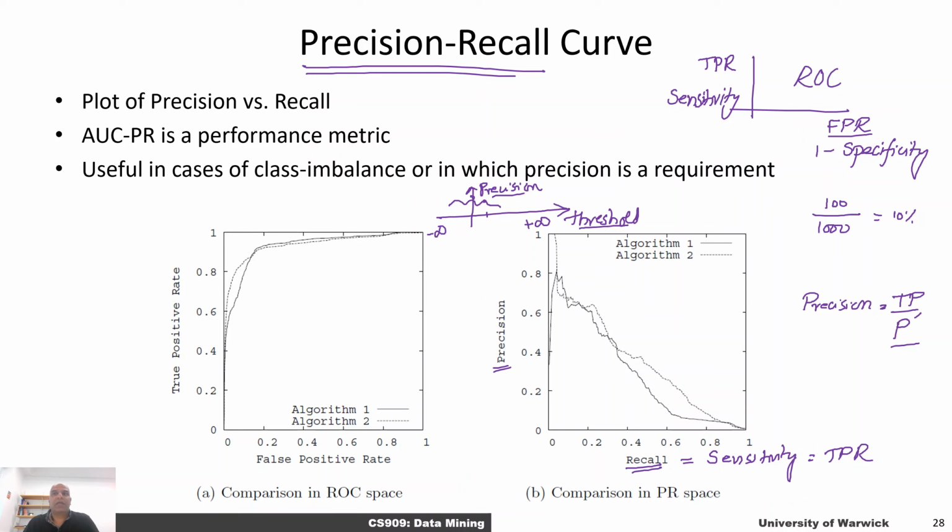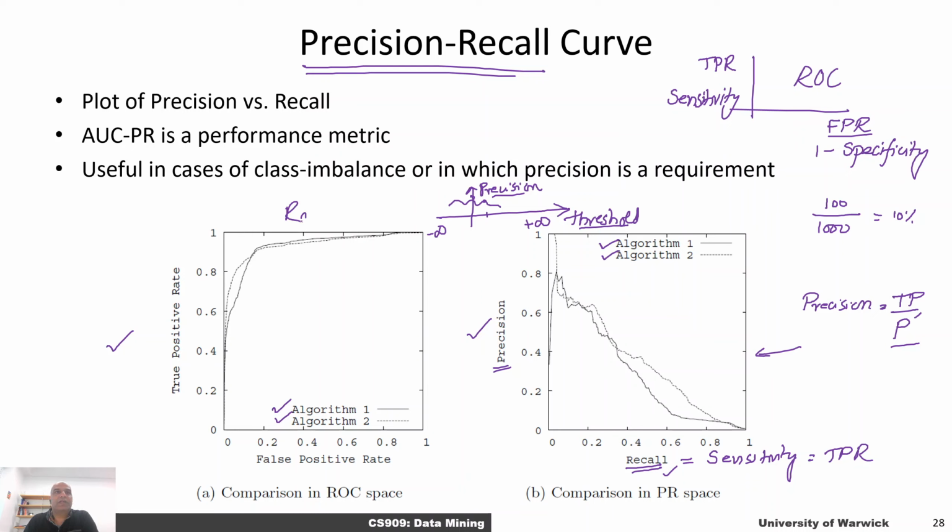As a consequence, your precision versus sensitivity curve, which is the PR curve or the precision recall curve, can also bounce around and go up and down, as you can see in this example. What you see on your screen is the ROC curve for two classifiers. We call them algorithm 1 and algorithm 2. And you can also see the precision recall curve.